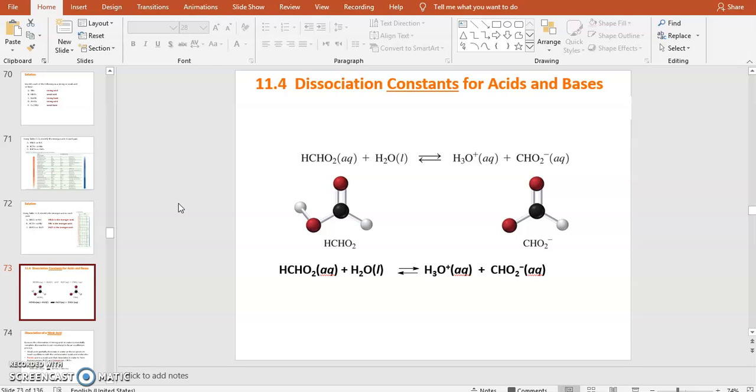Dissociation constant. We explained the equilibrium constant before, if you remember.